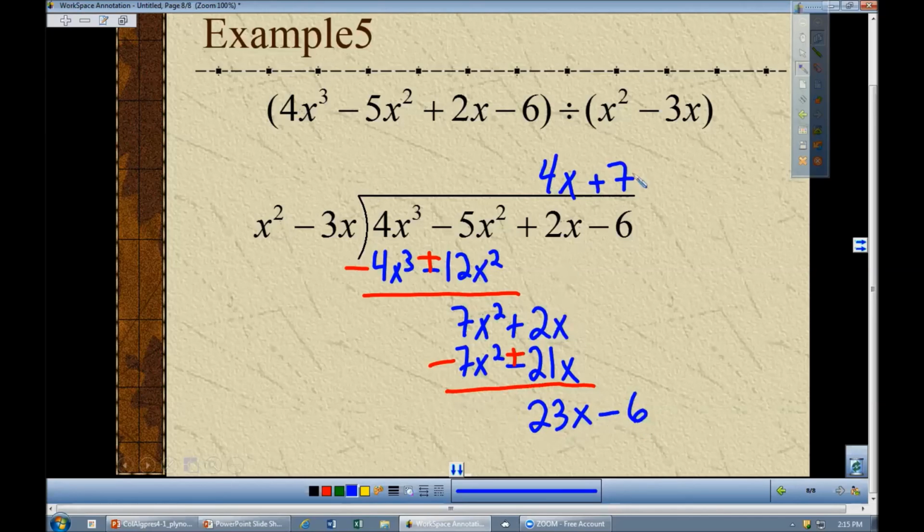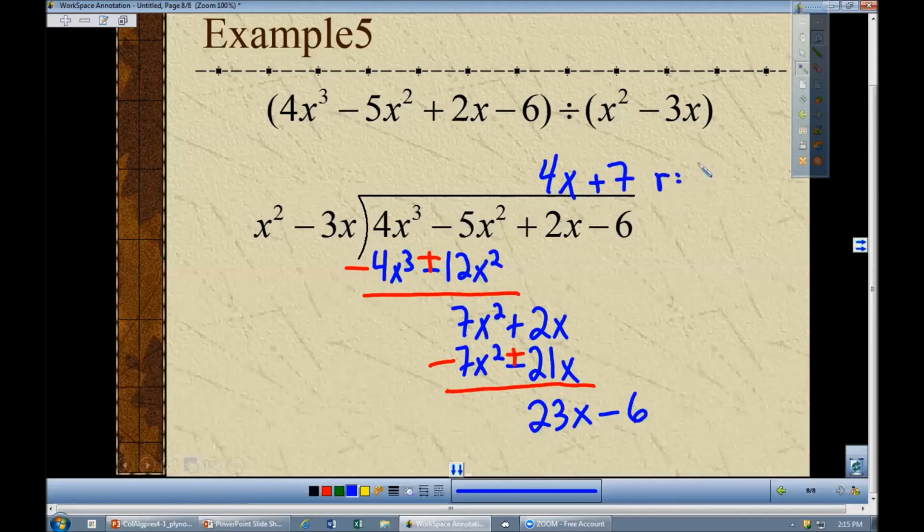Now I ask myself, what times x squared can give me 23x? Wait a minute. x squared already has a bigger power than 23x. No matter what I try here, I'm not going to be able to come up with another term for a polynomial. I'm already down to my constant term. So 23x minus 6 does seem to be my remainder.